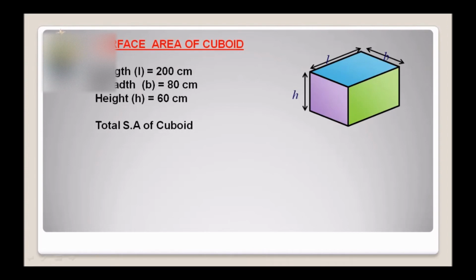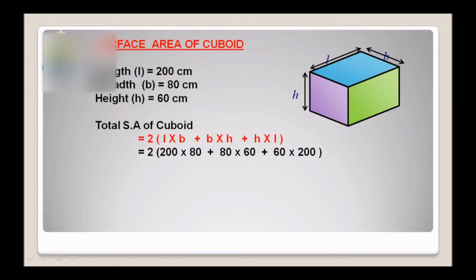Total surface area of cuboid is equal to 2 multiplied by length into breadth plus breadth into height plus height into length. We have already calculated this formula. Now put the values of length, breadth, and height in this formula. For length, we will put 200, for breadth 80, and for height 60.